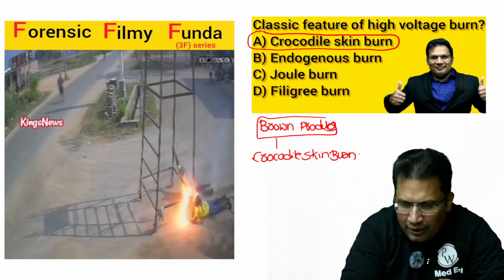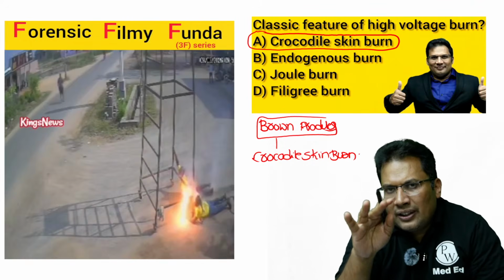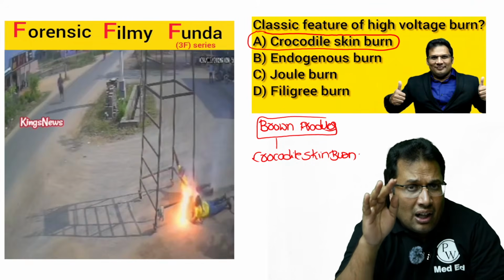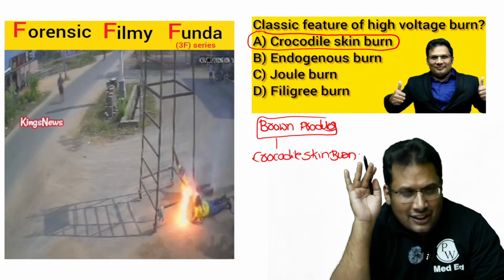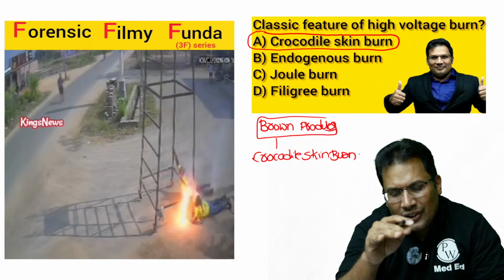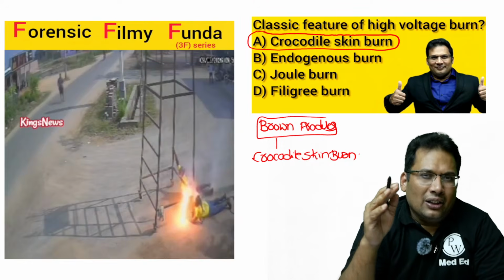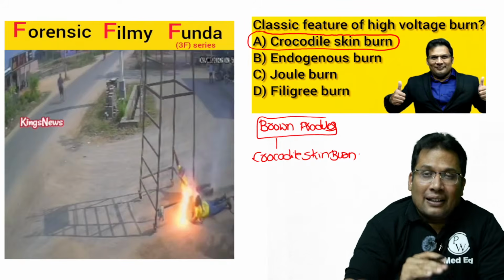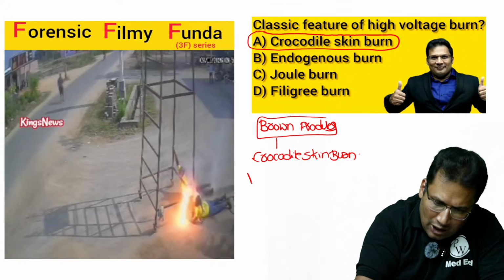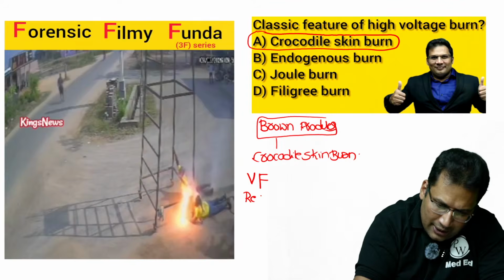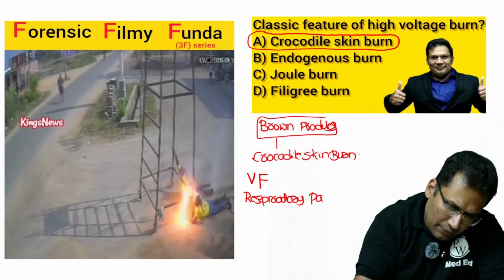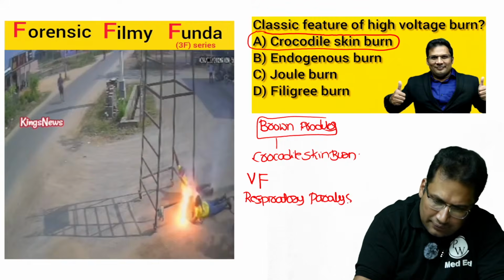Most of the time the cause of death is vasovagal inhibition or sometimes respiratory paralysis. In this case, probably ventricular fibrillation or respiratory paralysis. So let's remember, cause of death is ventricular fibrillation or respiratory paralysis.